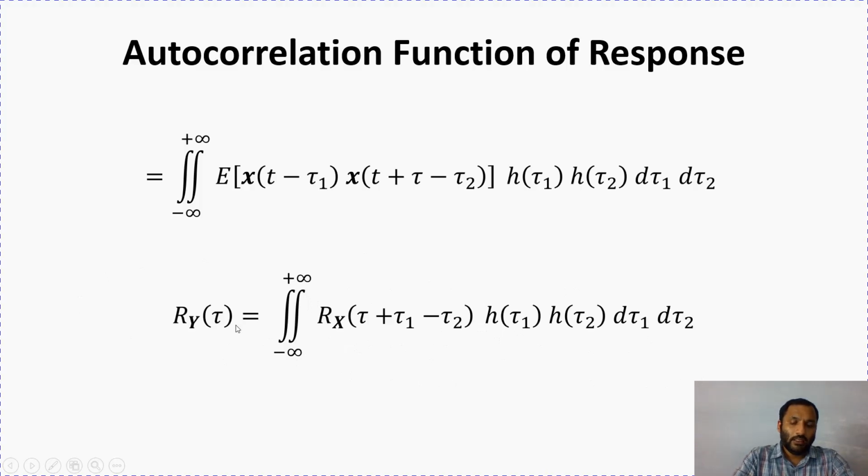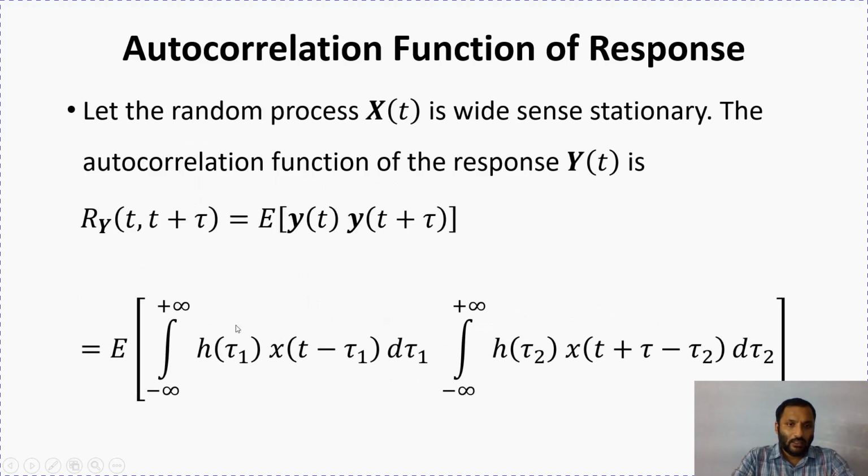Now one more thing: in the above expression we have actually taken the left hand side to be Ry of t comma t plus tau. So far we don't know whether this expression is independent of time.